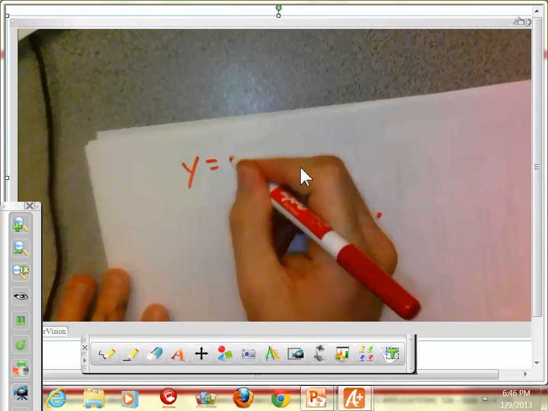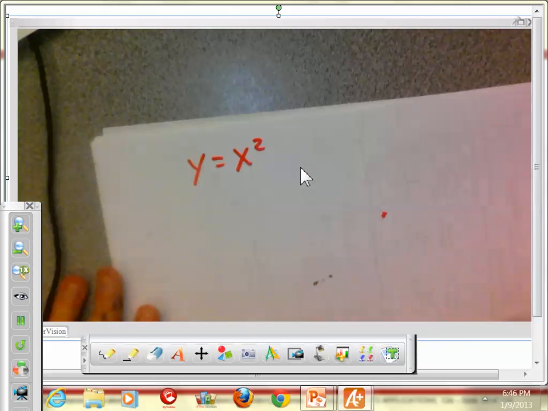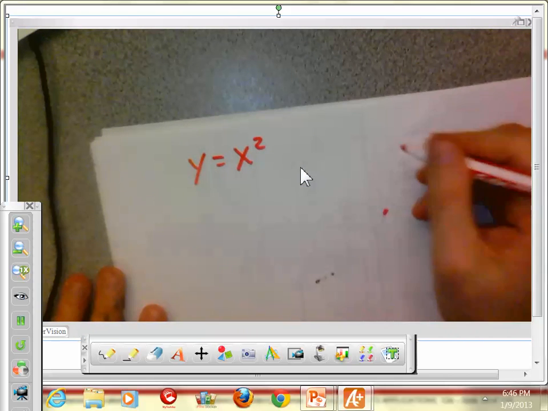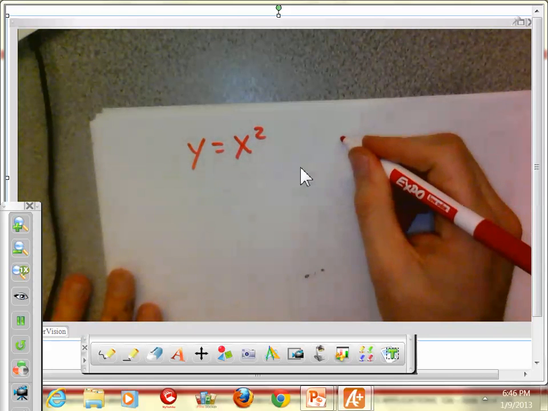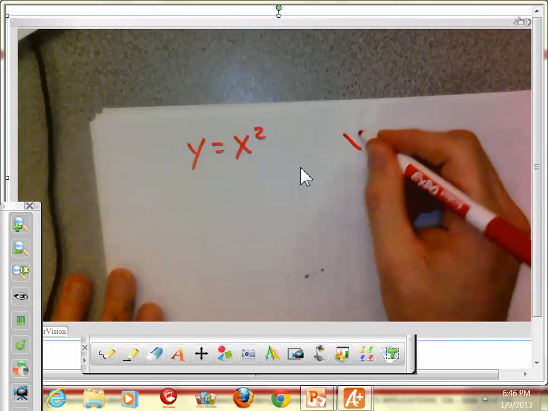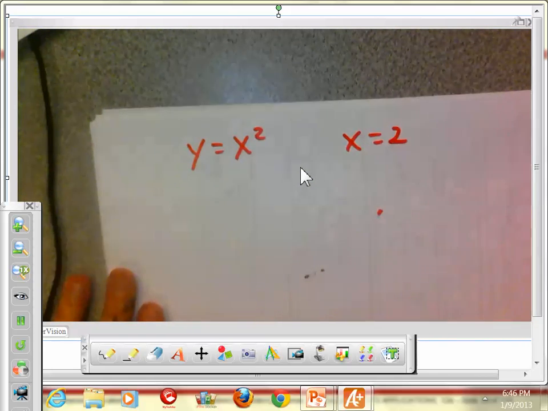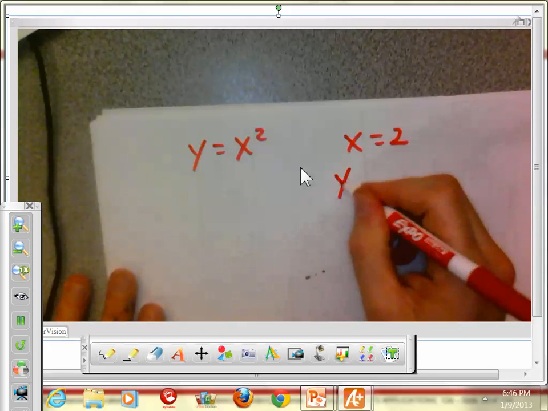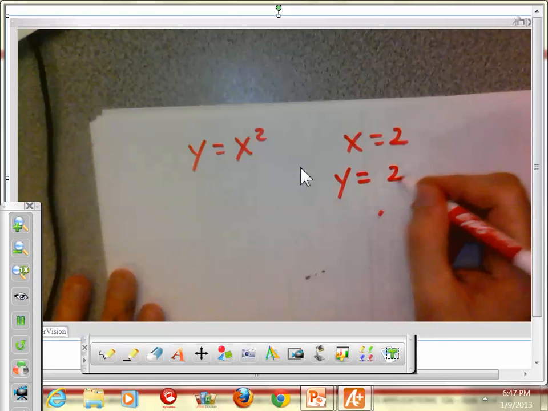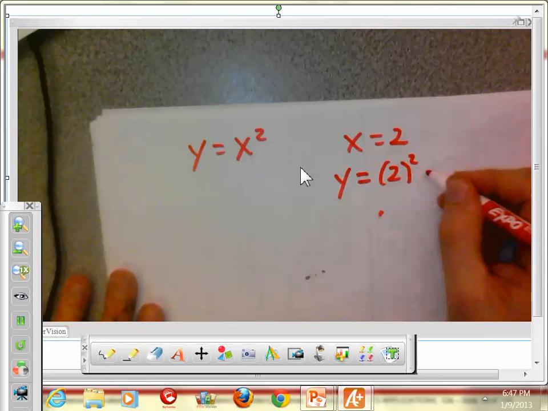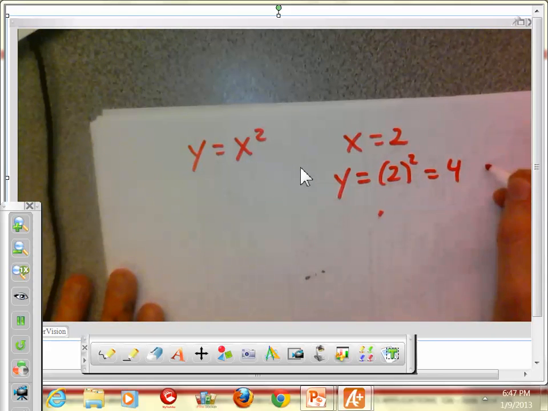And we want to know how fast it's changing, say, at the point when x is equal to 2. Okay? Well, if x equals 2, what does y equal? If x equals 2, y equals 2 squared, so y equals 4. So I have a point, which is going to be the point (2, 4).